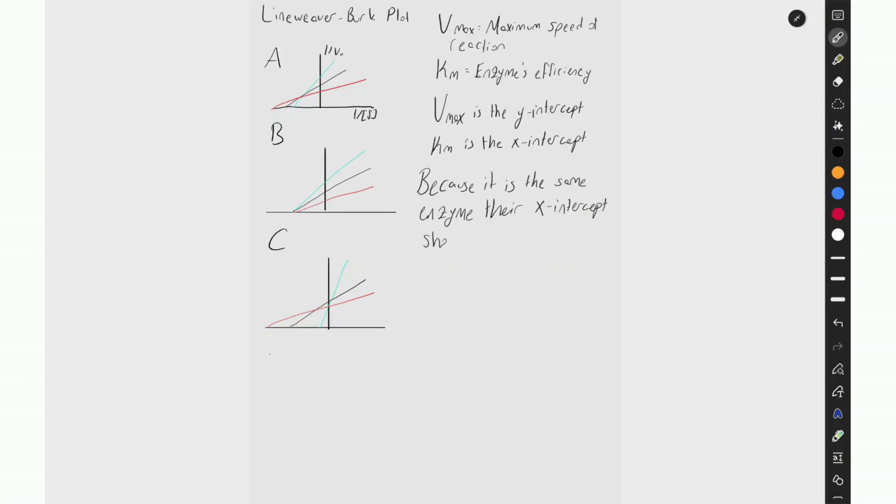For this question, we can see that we only use one enzyme type and change its concentration only. So the x-intercept, which is the Km, should all be the same for each of the curves. But as the enzyme concentration increases, its maximum speed of reaction should increase too.